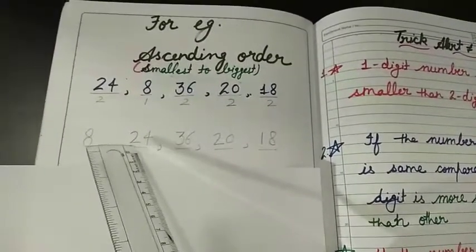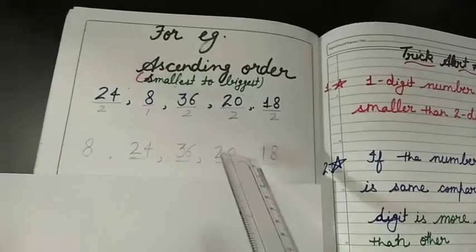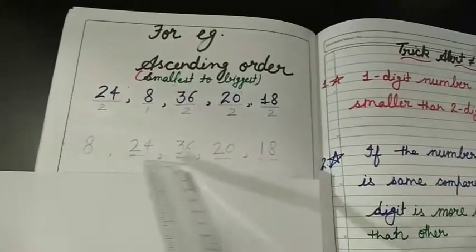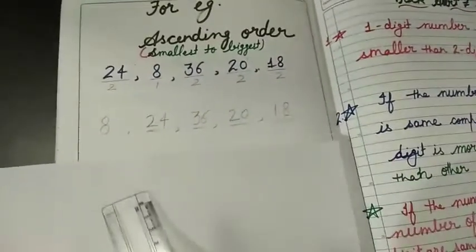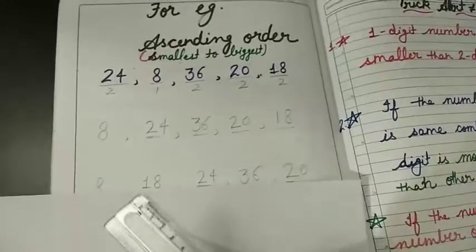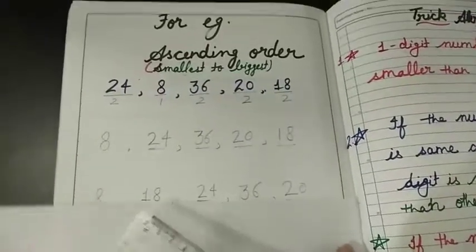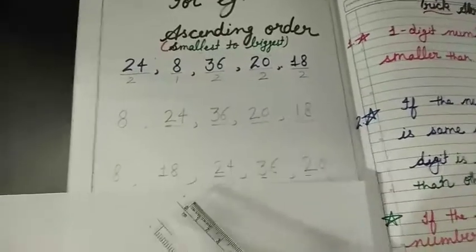Check their first digits, 2, 3, 2, 1. Which is smaller between them? 1. So we are writing here 8, 18, because 1 is smaller.